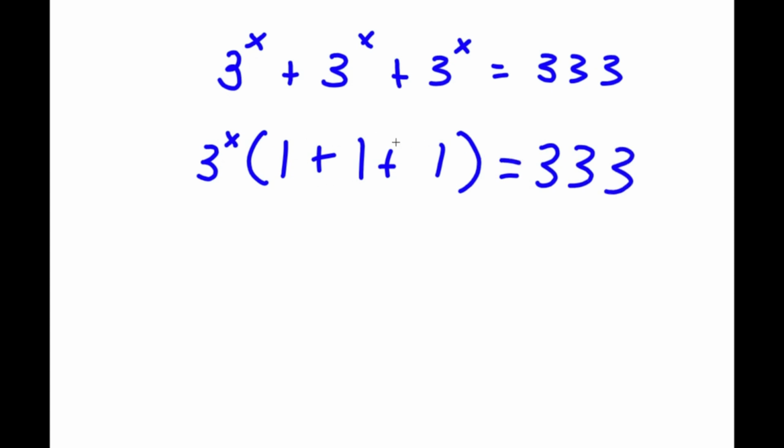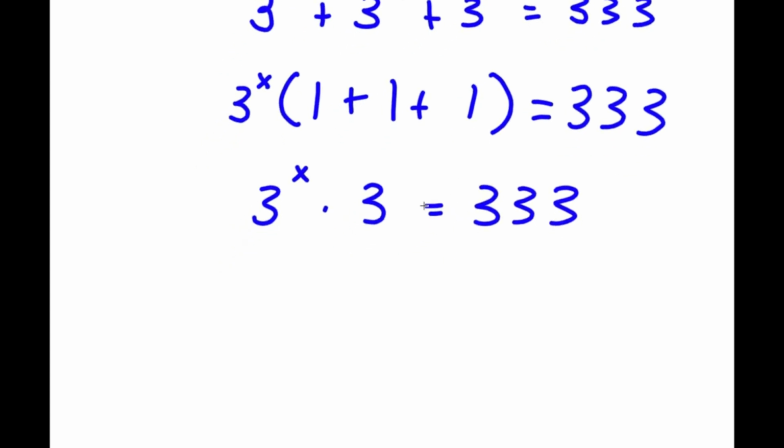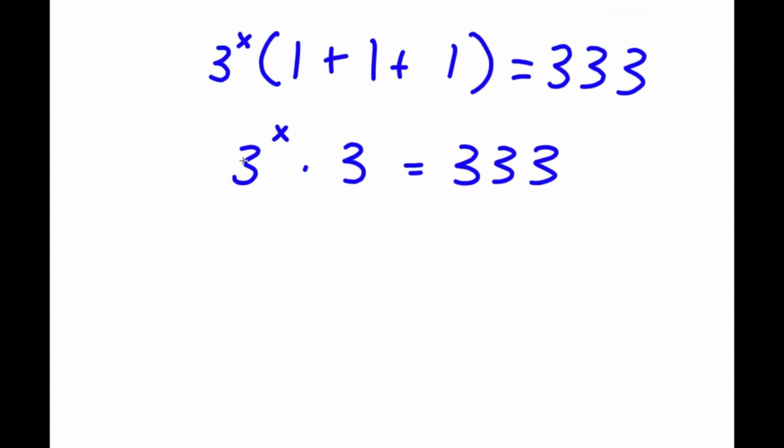Now, if I add what's in the parentheses, I get 3. So now I have 3 to the power of x times 3 is equal to 333. So now I obviously want to isolate 3 to the power of x because this is the term that has the variable x that we're solving for. So I want to try to find a way to get rid of this 3.